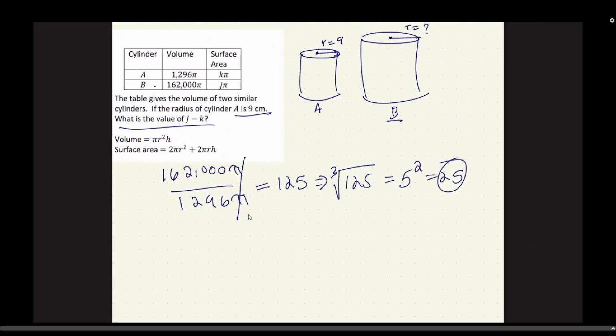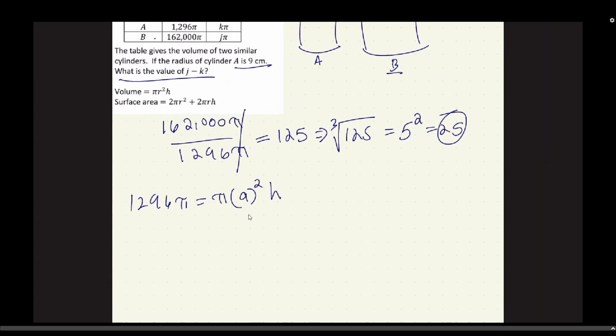So we know that the volume of cylinder A is 1296 pi, and the volume formula is pi radius squared times height. We know that the radius is 9, so we can square the radius, and we are supposed to find height here. So dividing by pi times 81, we get height is 16.